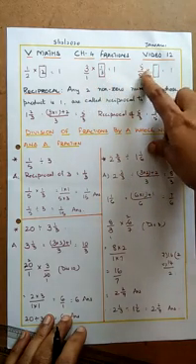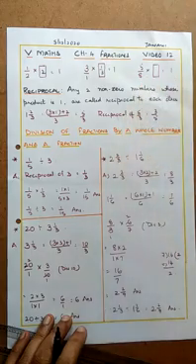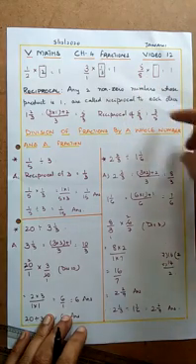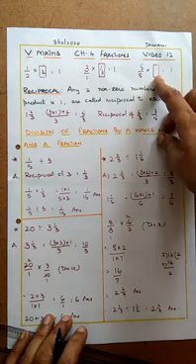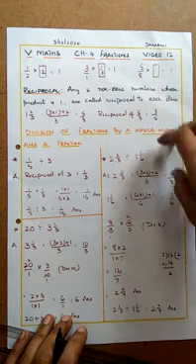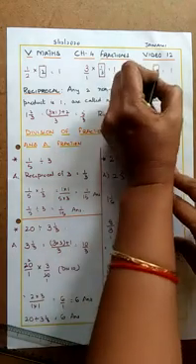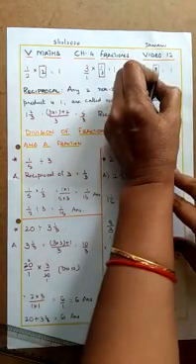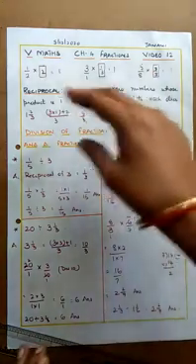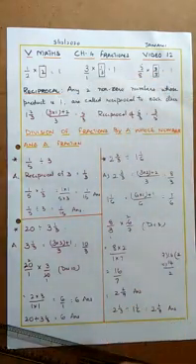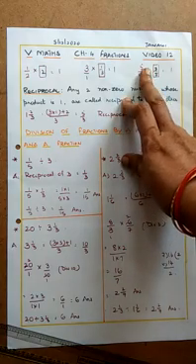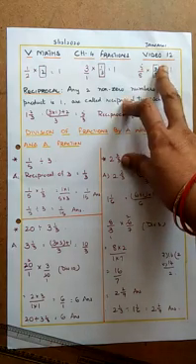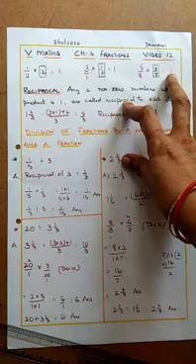Now suppose you have taken a fraction like 5 by 8. Then, if you write what has to be written in the blank to get 1, you should write it as 8 by 5. Now what you have observed here, if you take the fraction 5 by 8 and multiply by 8 by 5, you get 1.